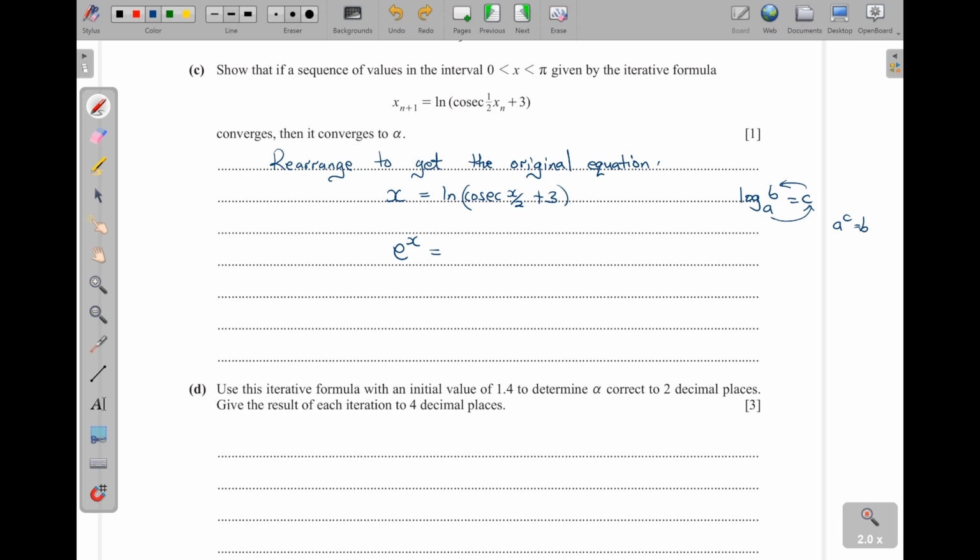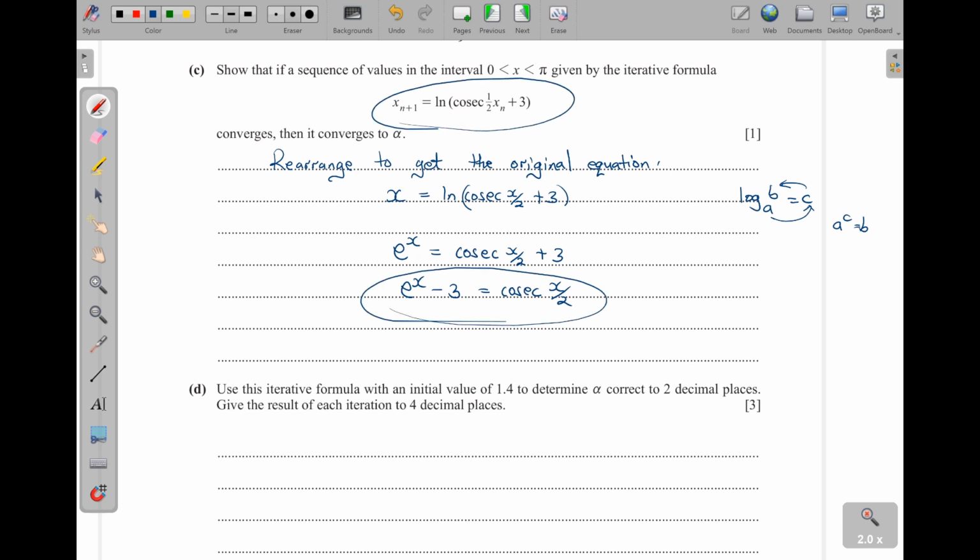So we have this equivalent to cosec x over 2, then plus 3. But remember, we had this other side: e to the power of x minus 3 is equal to cosec of x over 2. And you are done. Alternatively, you can begin from the one which was given, and then you get this. Let me do it here.